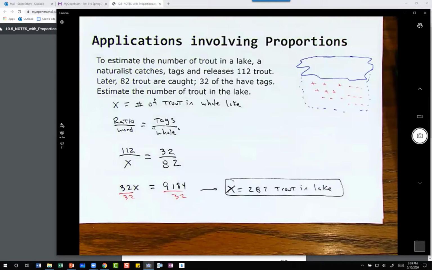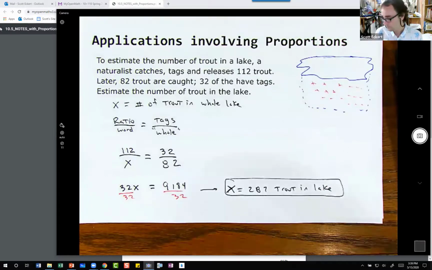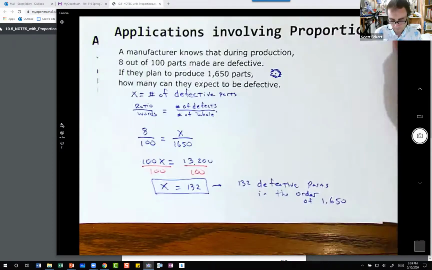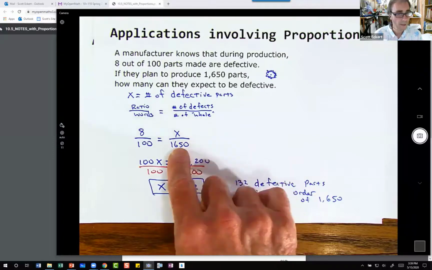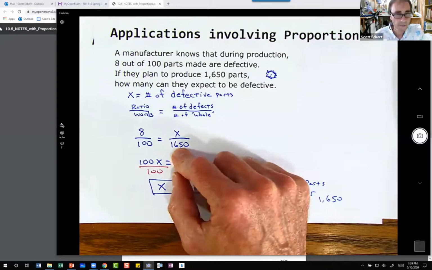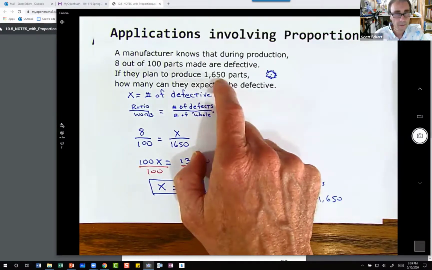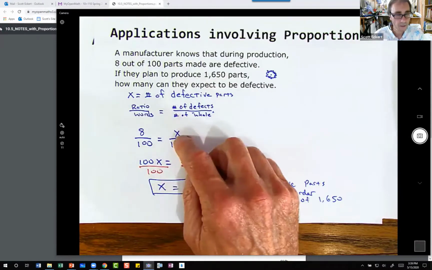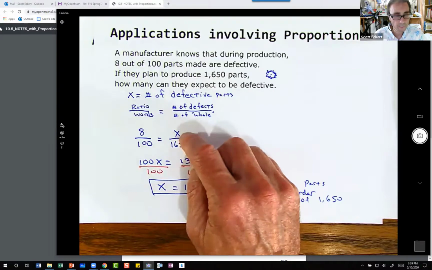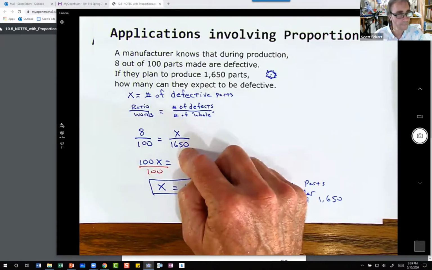So the whole will always have the variable then? Not necessarily. In this one, the whole was 1,650 because that was the whole order. And the X was the number of defects. So the number of defects is part of the whole thing.